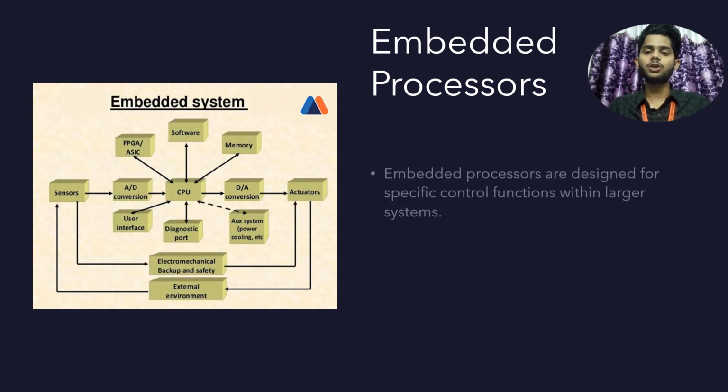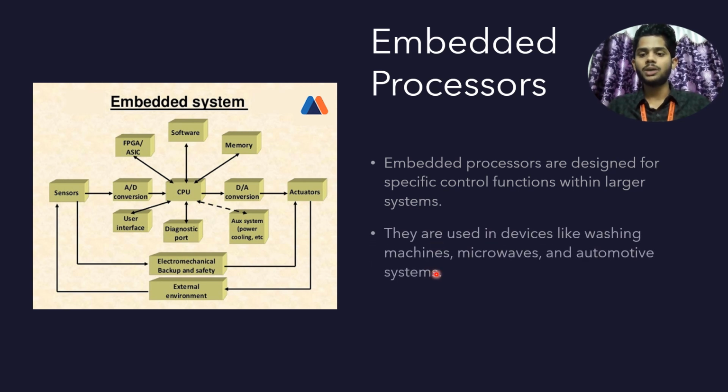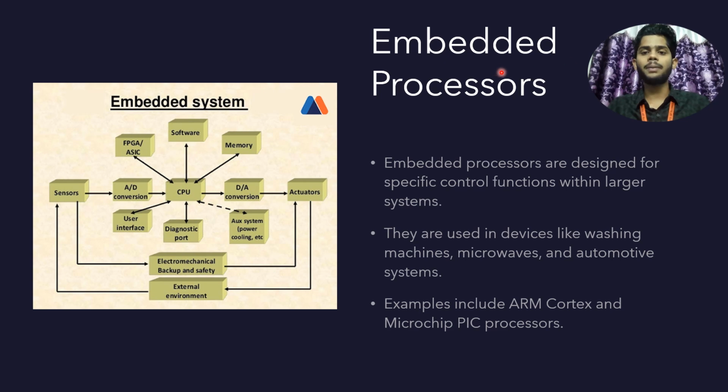Next, let's discuss the second type of processors, that is embedded processors. Embedded processors are designed to work within larger systems, like washing machines, microwaves, and automotive systems. Embedded processors include ARM Cortex and Microchip PIC processors.